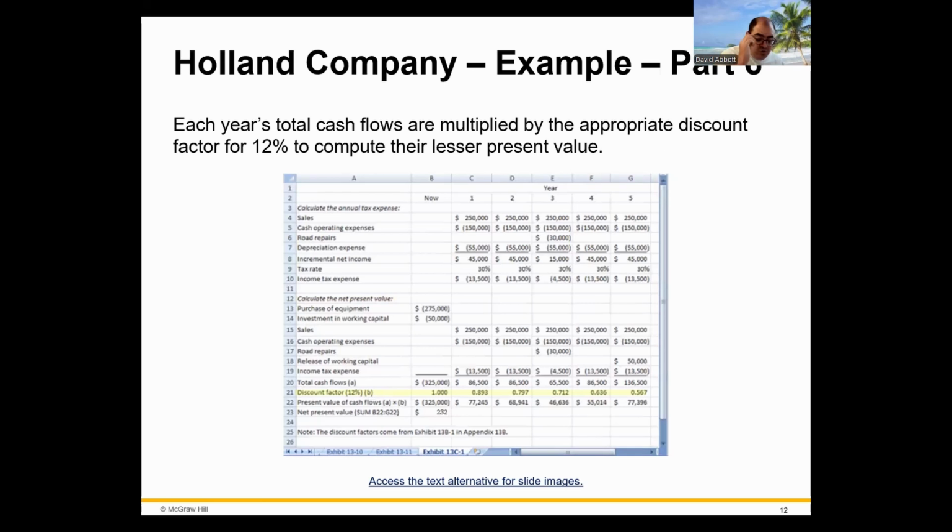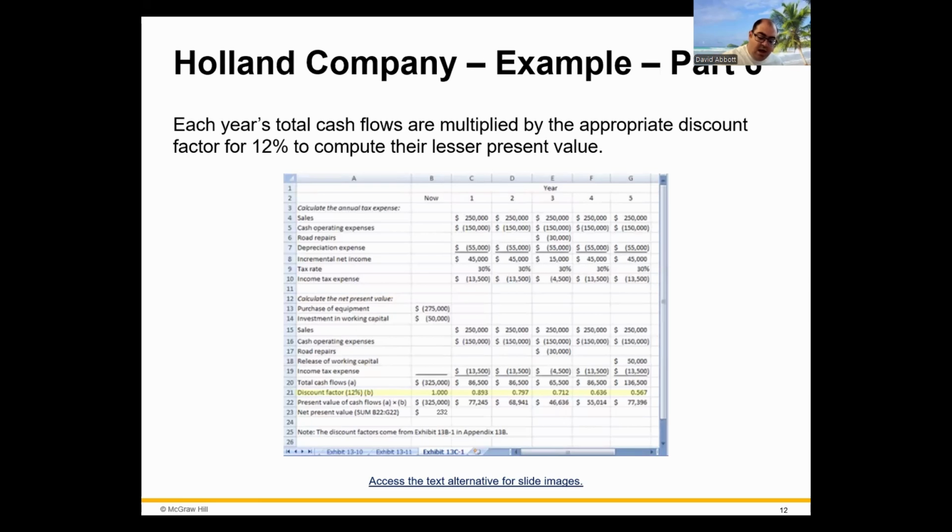Each year's total cash flows get multiplied by the appropriate discount factor of 12% to compute their present value. For example, the total cash flows in year 3, which are 65,500, are multiplied by the discount factor of 0.712 to obtain their present value of 46,636.